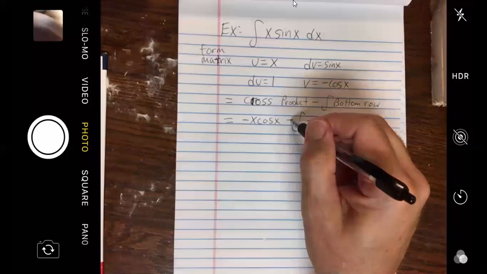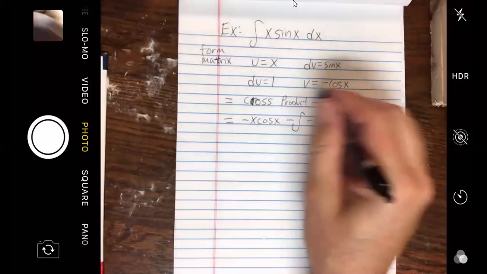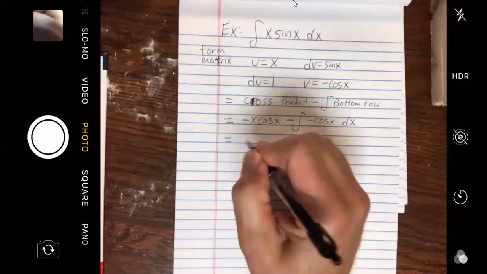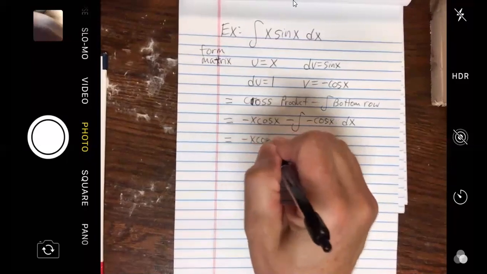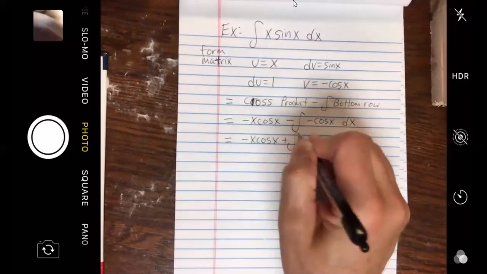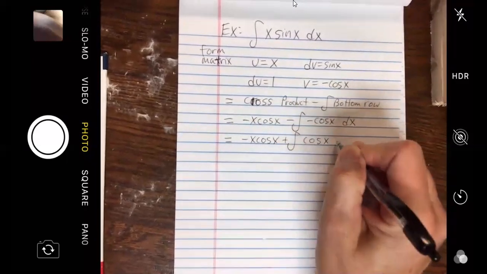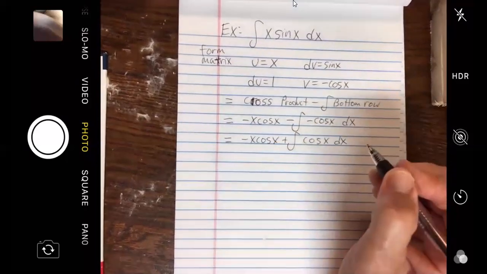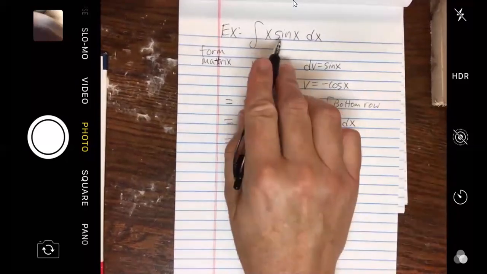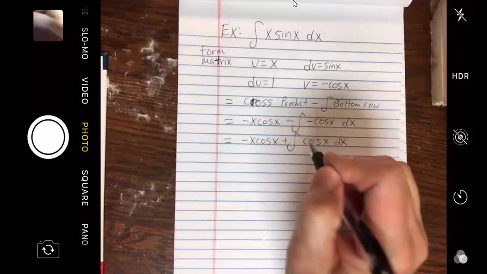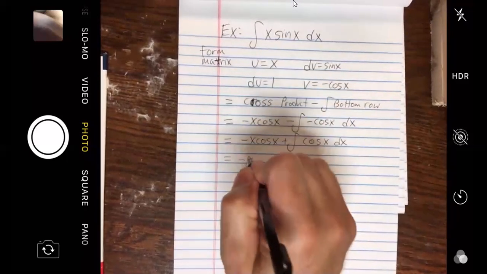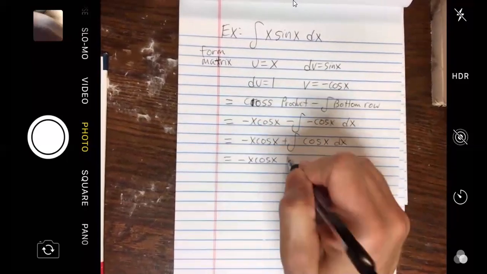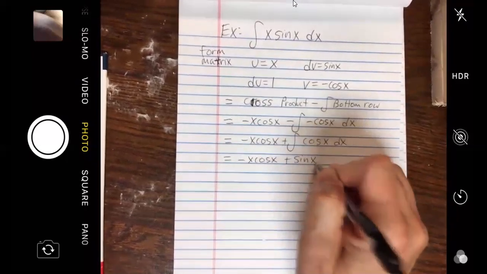There's a negative in the formula, and then the bottom row has a negative. So if you want to clean it up, negative x cosine x, add integral cosine x dx. You can see you've traded your original integral for an easy integral. Negative x cosine x, add sine x, plus c.